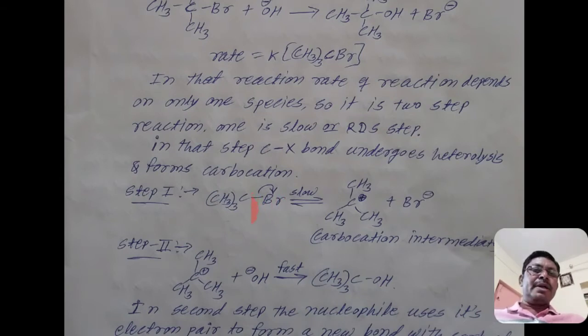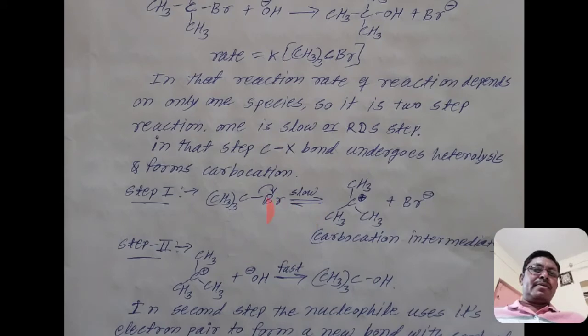If it breaks unequally, that is heterolysis, both electrons are withdrawn by the bromine or halogen atom. So the carbon atom gets a positive charge. See here, there is a positive charge. That positively charged carbon atom is known as a carbocation.